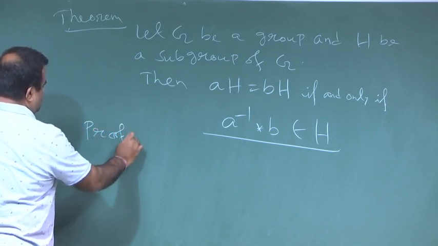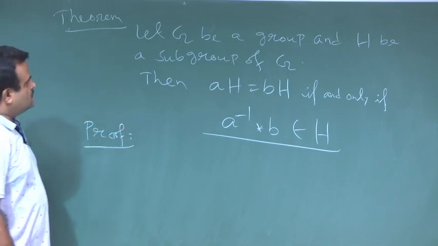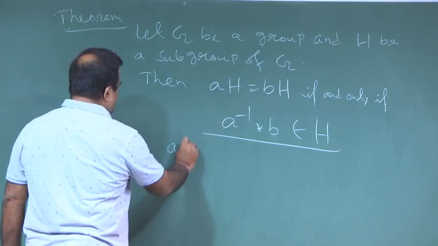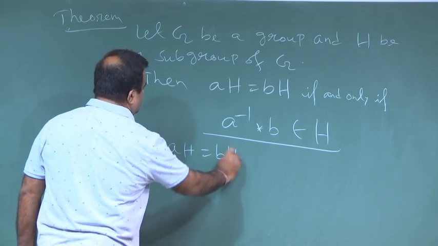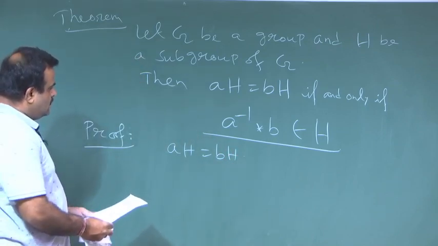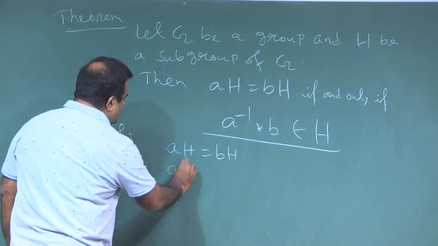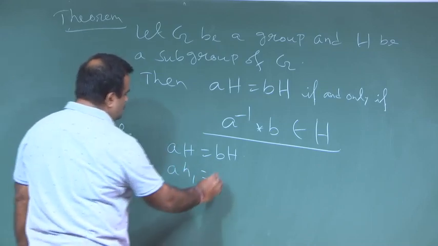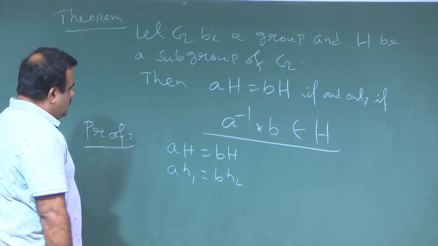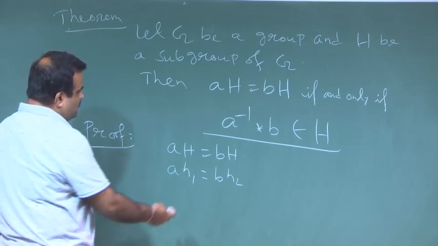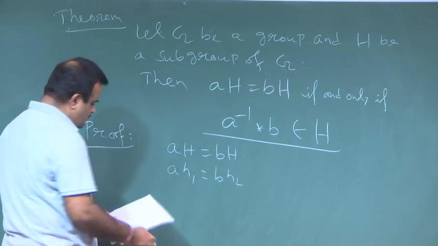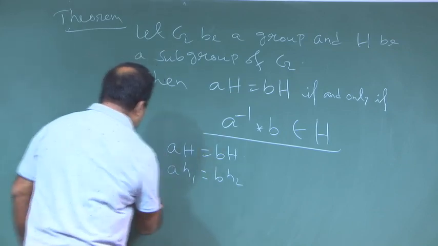Now, the proof is simple. So, the proof has two parts. So, we assume these are the same, we take AH equal to BH. So, that means this will give us what? So, that means AH1 equal to B equal to some BH2 always. So, now if we take the inverse, this will give us what? Now, what is A inverse B?